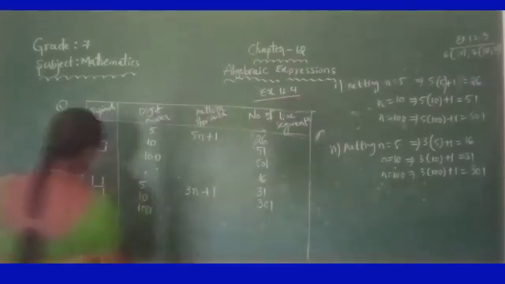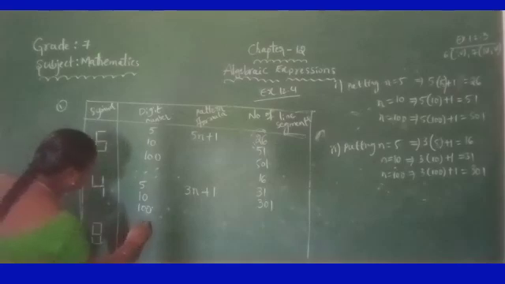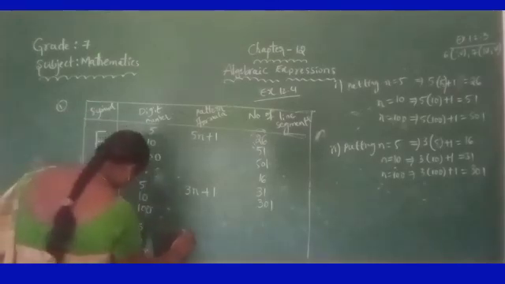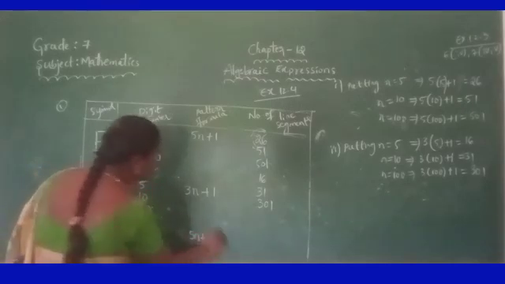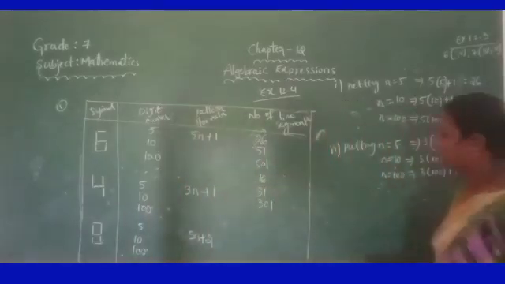Next, what is the symbol? Symbol is 8. The digits are 5, 10, 100. The rule is 5n plus 2. That is the pattern formula.